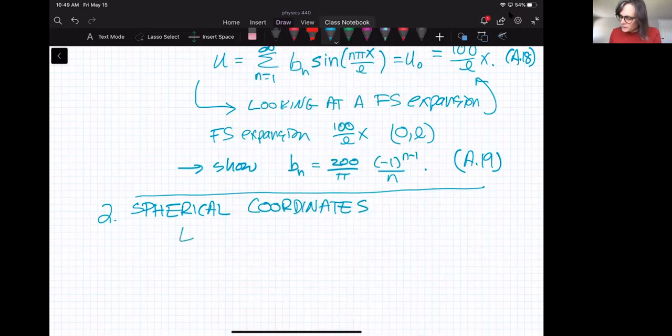So let's let psi of r, theta, and phi be equal to some function of r, some function of theta, and some function of phi.